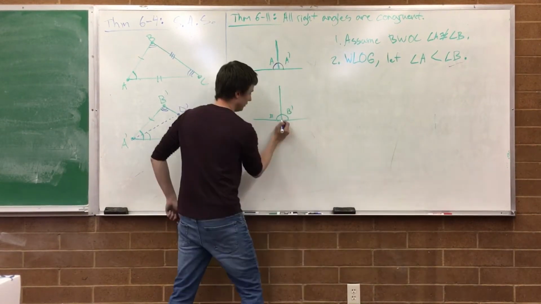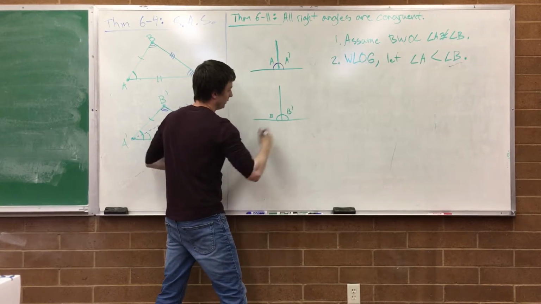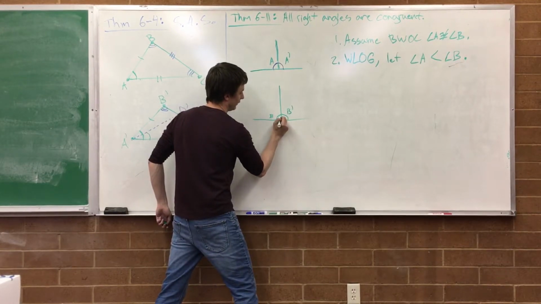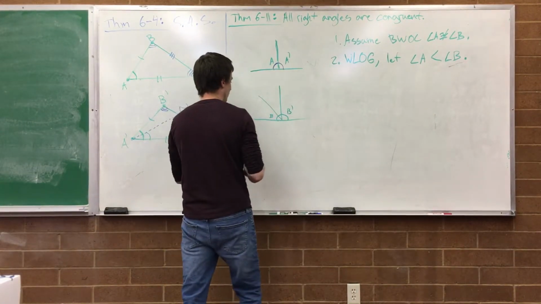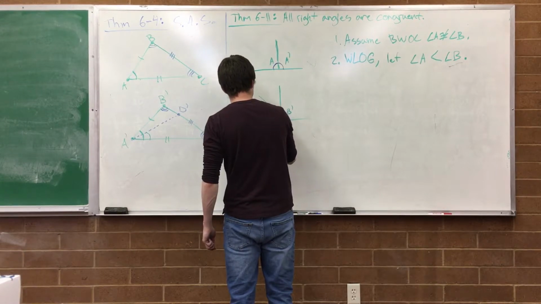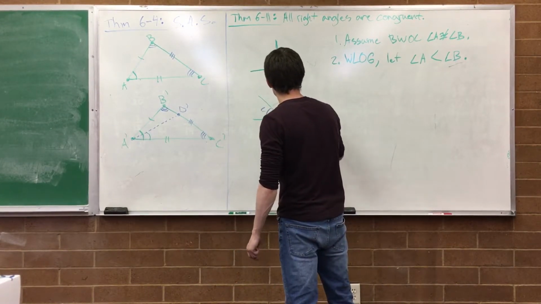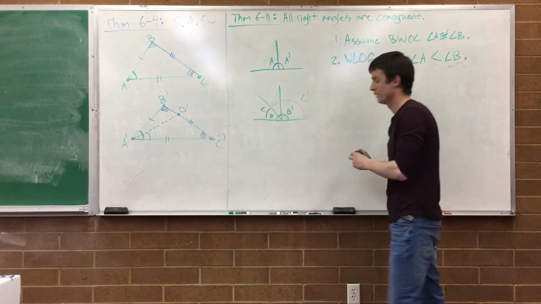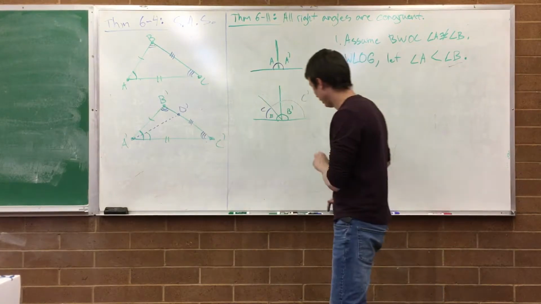I'll use the blue to mark the angle. So I'm going to come down here and draw one line. It has to be interior, right? And we'll call this angle C. And then we'll call its complement C prime.